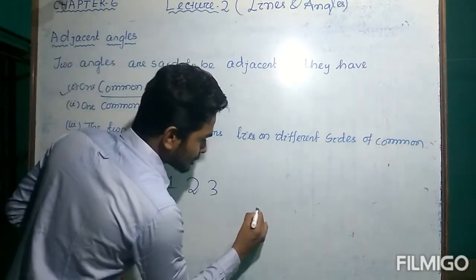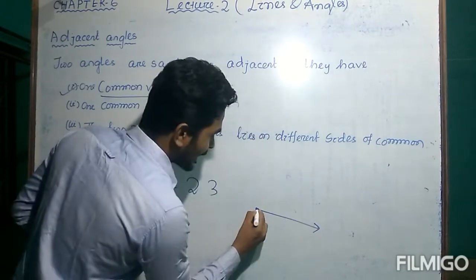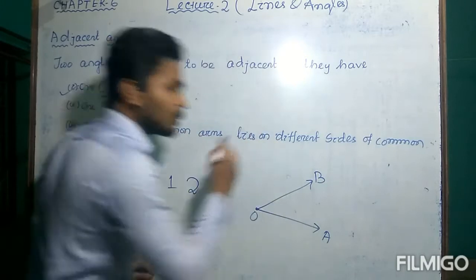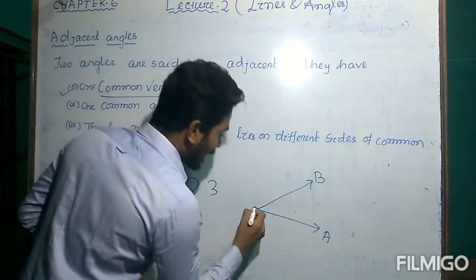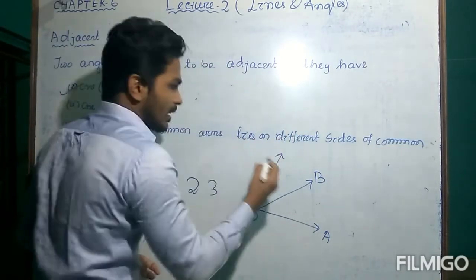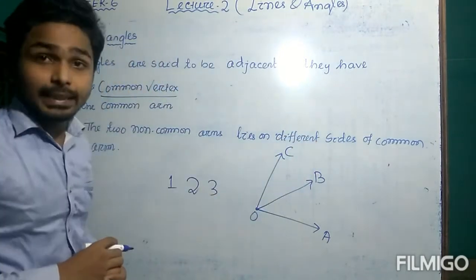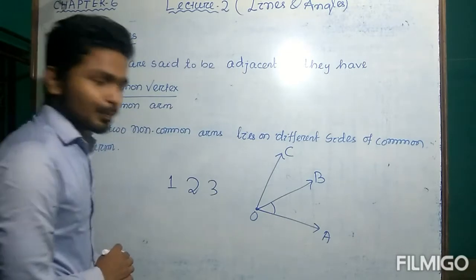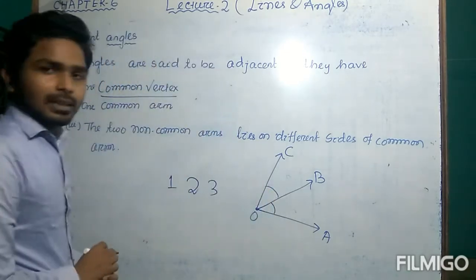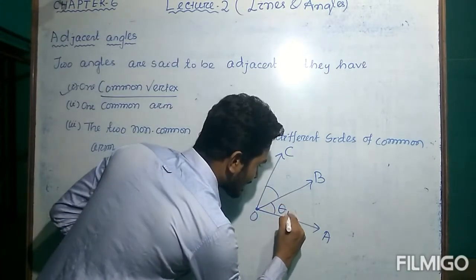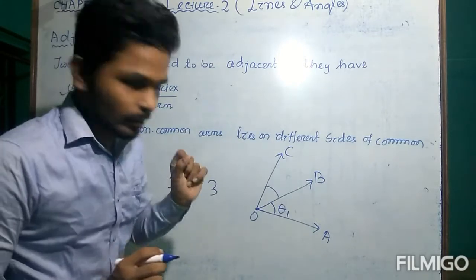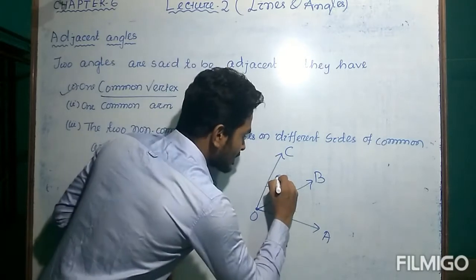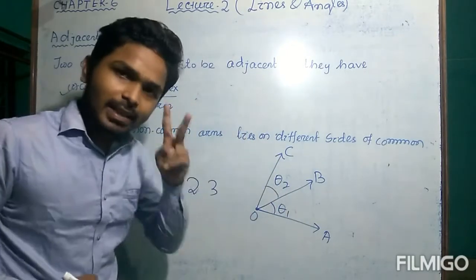See, here is an angle. Suppose the arms are OA and OB, and another ray stands here, OC. Then here is an angle, and here is another angle. Let me call them theta 1 and theta 2, just to identify the different angles. So there are two angles.